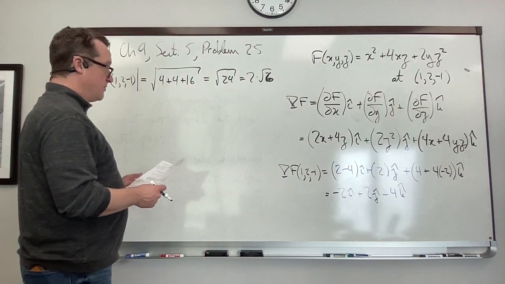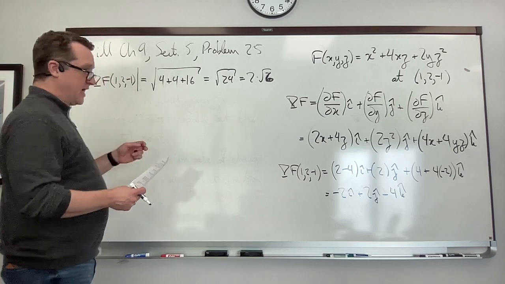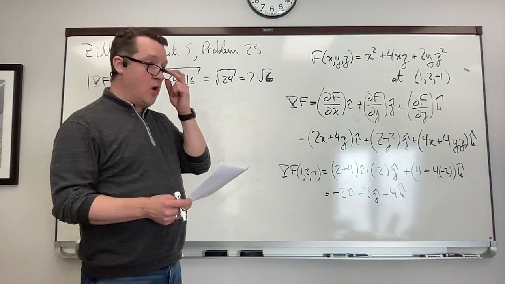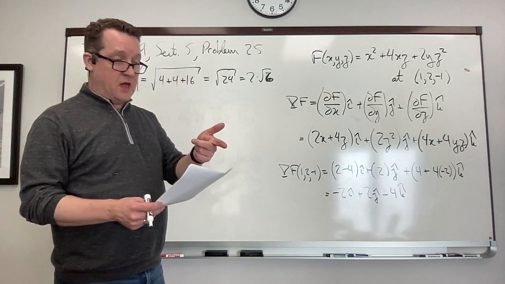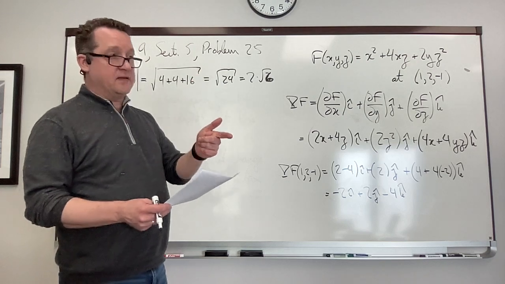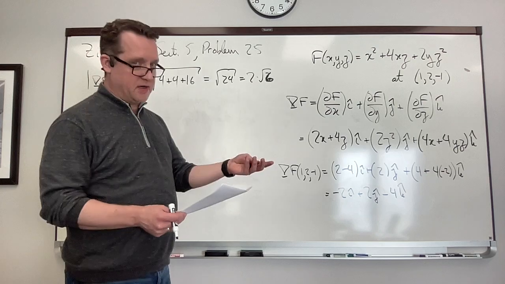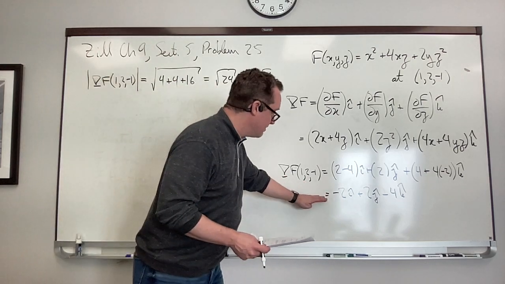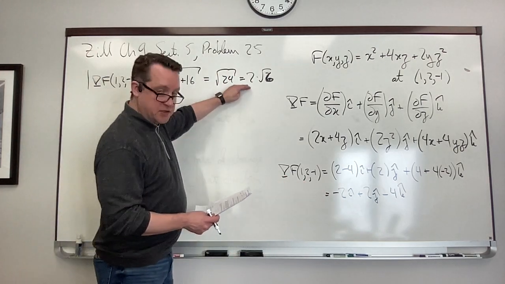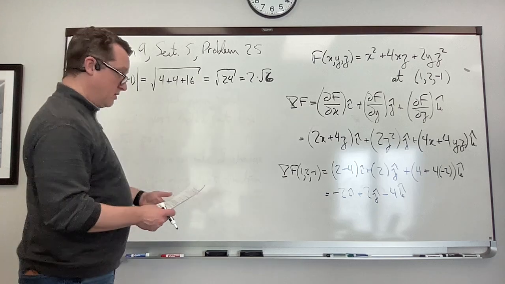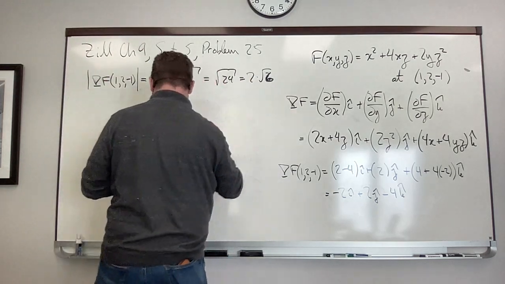So we're almost done the problem. The last part of the problem, which was actually said first, is we want a unit vector parallel to the direction along which the function is varying most rapidly. So this is the direction along which it's varying most rapidly. This is the magnitude of that gradient. So the unit vector would be this vector divided by its magnitude.